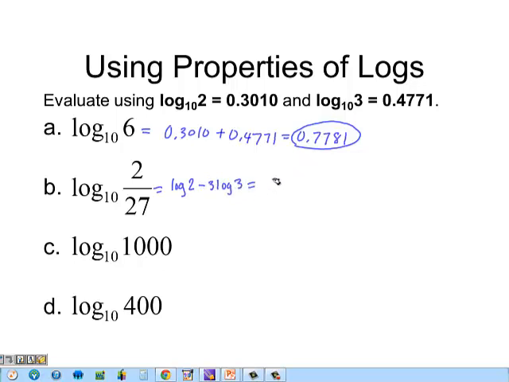So that's going to be 0.3010 minus 3 times 0.4771.